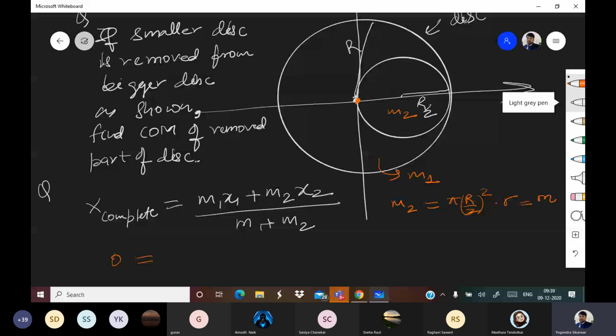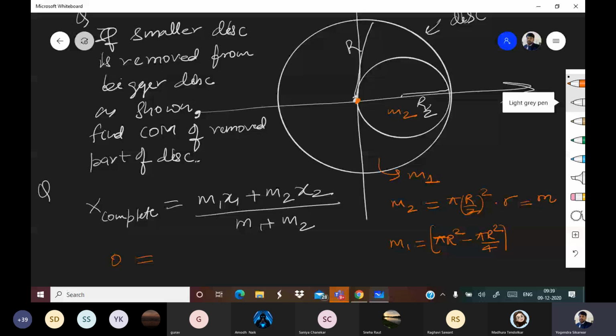So M1 will be how much? M1 means the remaining part. So if you see, the portion it has is the bigger area minus that smaller area. The bigger area will be pi r square, minus the area which is removed, pi r square by 4, into sigma.